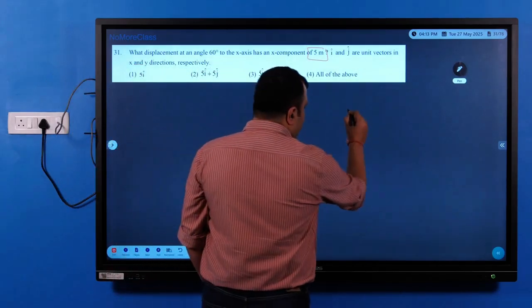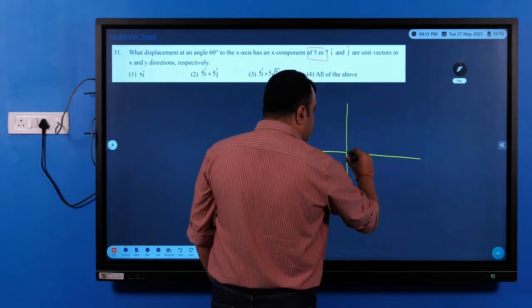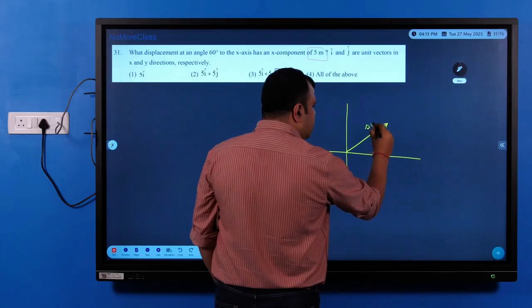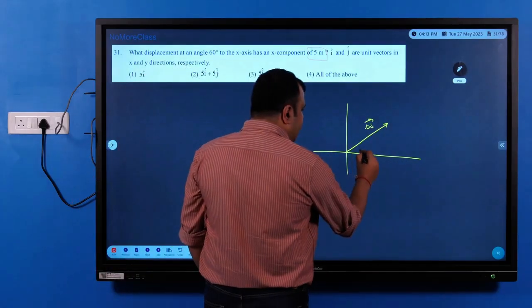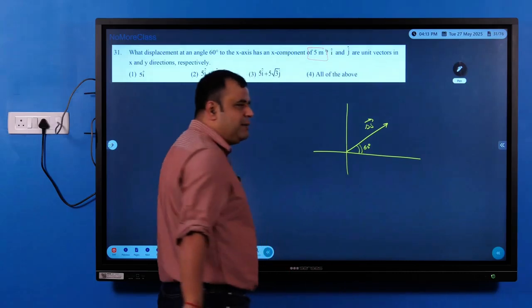So let me draw the coordinate system. Let's say this is the displacement vector, and the angle according to the question is given as 60 degrees, pi by 3.